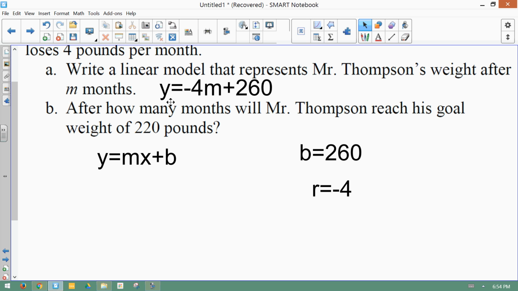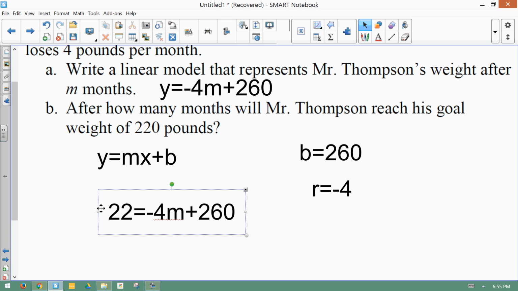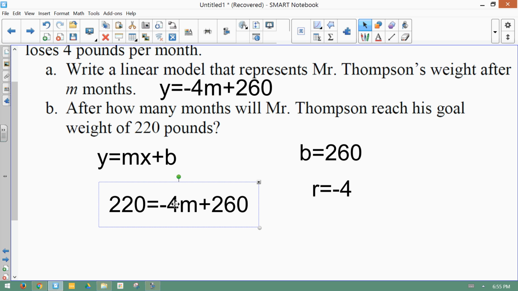So we want to know what happens when Y is 220. So let Y be equal to 220, and let's solve this equation.